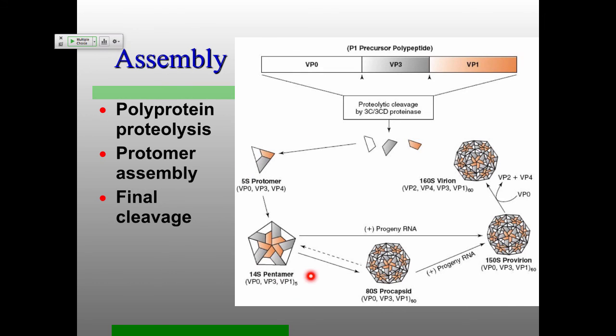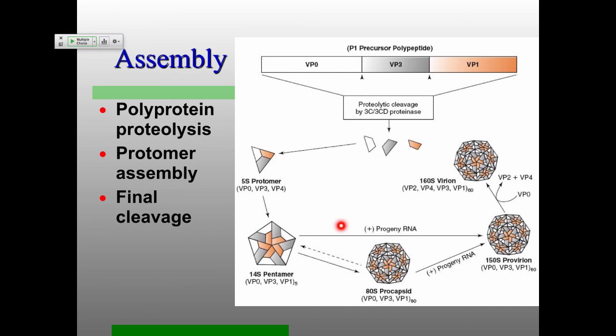Those become pentamers, and these pentamers get put together, interestingly enough, in the absence of any kind of scaffold. So this is quite different than what we've talked about for a lot of the bacterial ones. In the absence of a scaffold, these get put together with the RNA, packaged around the RNA, and then this is released from the cell.